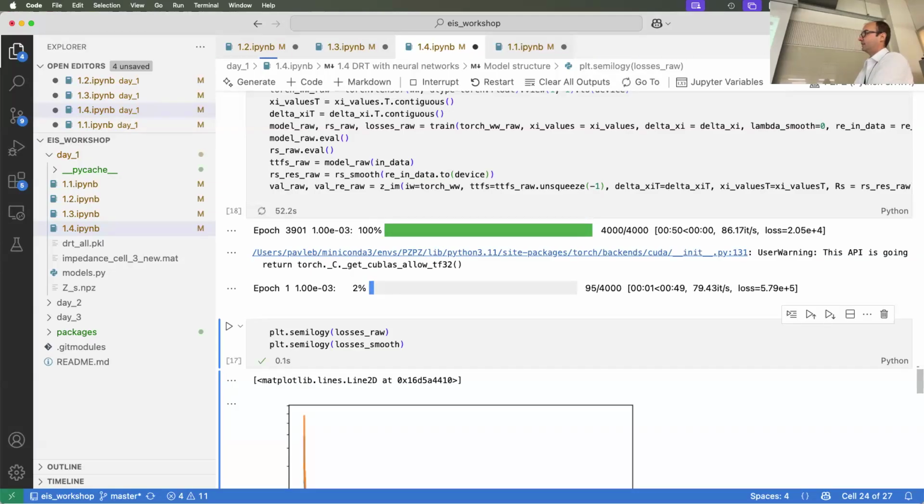All right, this one's done. Now the next one. So it took 50 seconds, and my laptop is a rather old one, so nothing special.